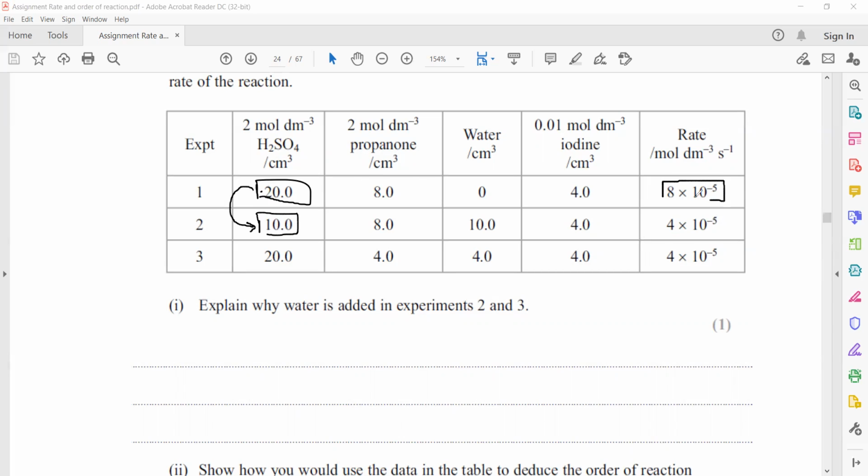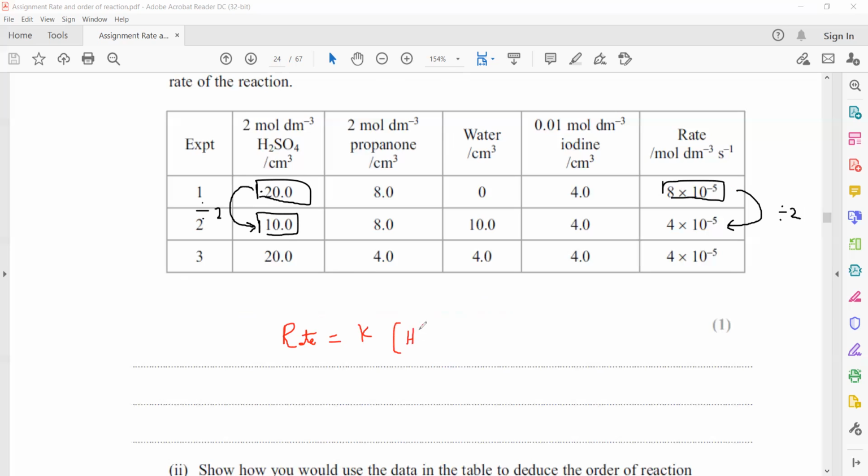Originally the rate was 8 times 10 to the power minus 5, then it became half of it, because the volume is half, so the rate is also half. So what can we conclude about the order of this reaction with respect to acid or hydrogen ion? If one is half, the other is also half, so we can say that rate equals k times the concentration of hydrogen ion, or acid, raised to the power 1.